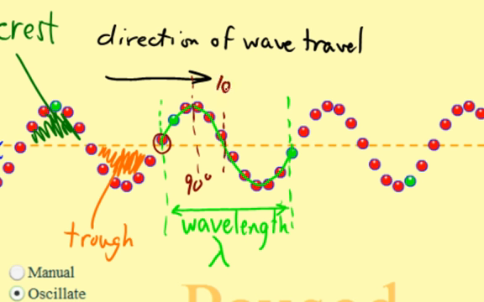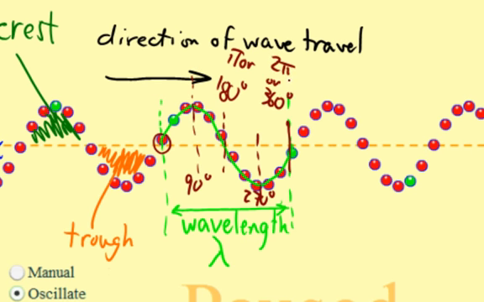And the phase there would be equal to pi radians, or 180 degrees. Then at the bottom of the trough, you get 270 degrees. And then at the end of the wave, you've completed one cycle, and that's 360 degrees, or 2 pi radians.